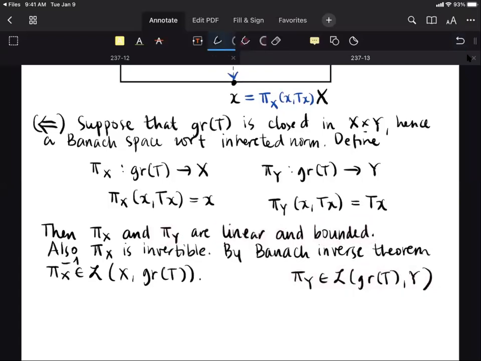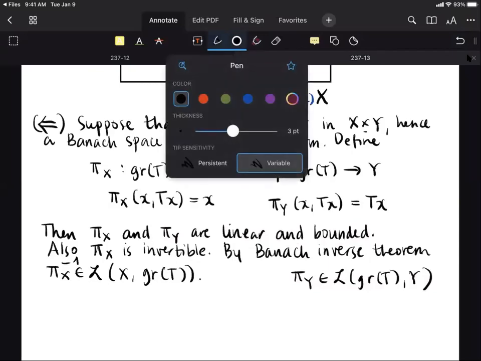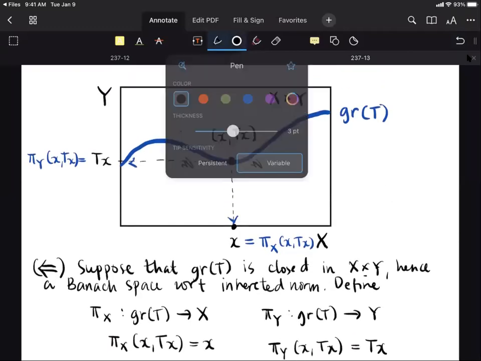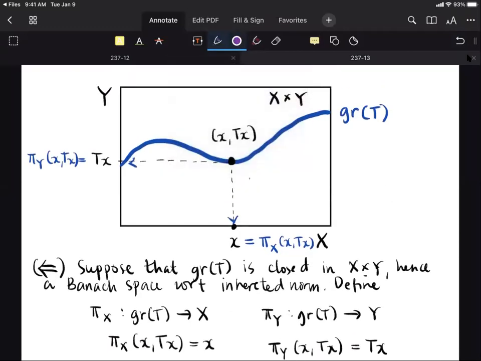Now this is sufficient since, take note that T is what? T is basically the composition of these two projections.